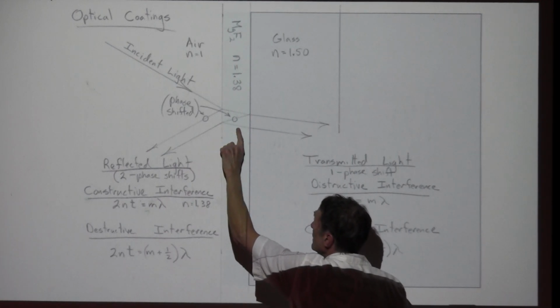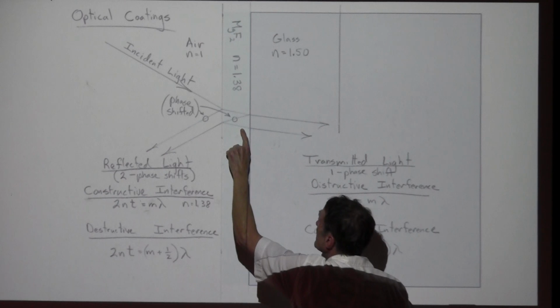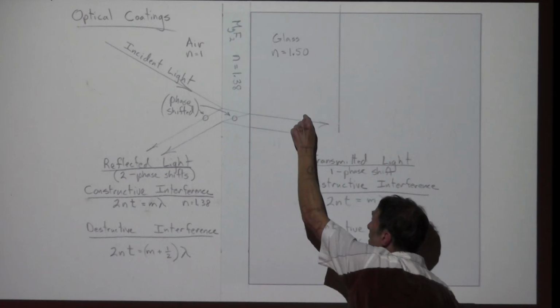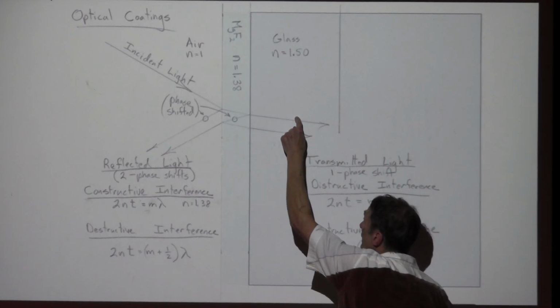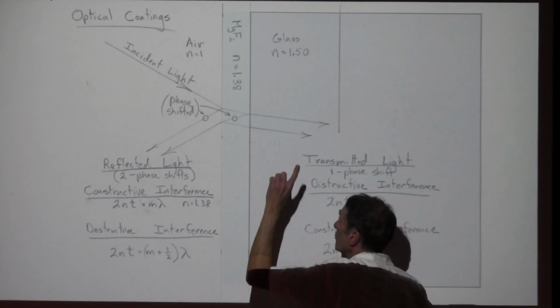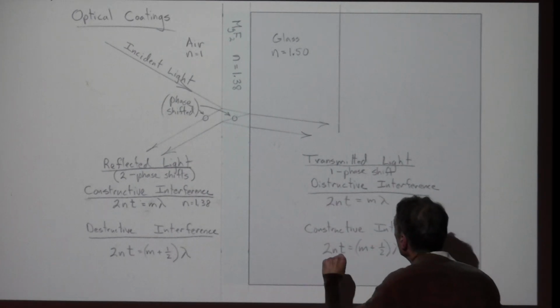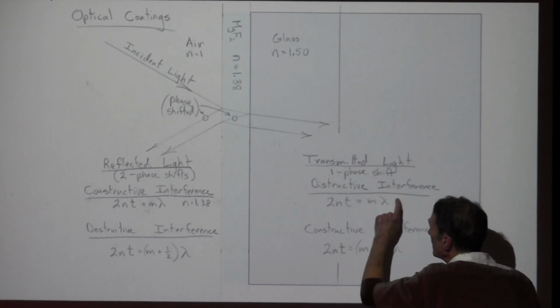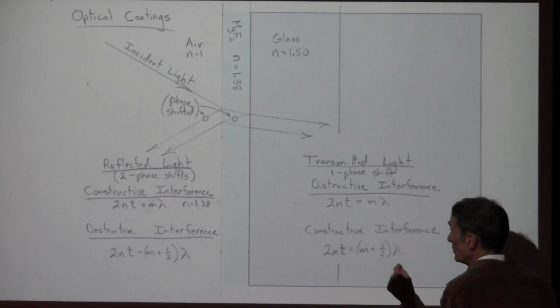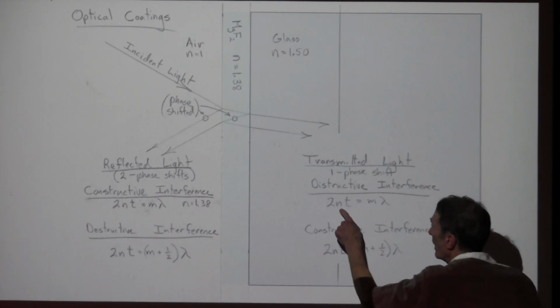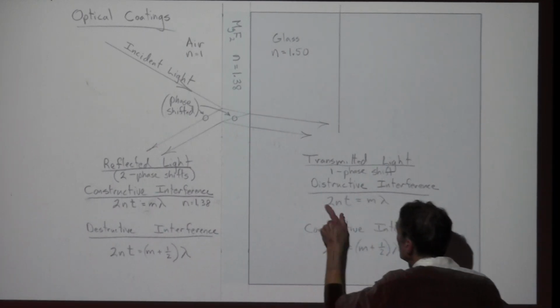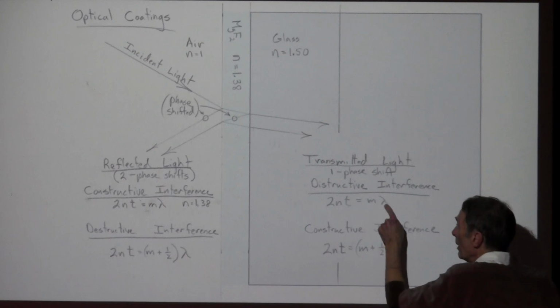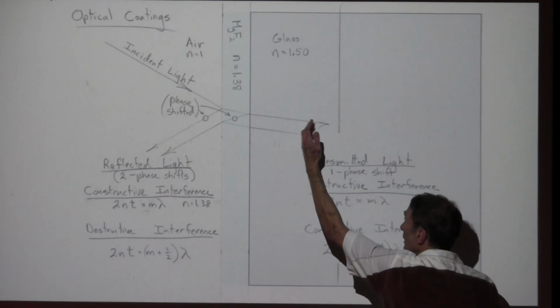No phase shift on this reflection, so there's one on this side. So between these two waves, there's one phase shift. And so for the transmitted light, we have one phase shift. That implies that it's destructive interference. So if in this distance, 2nt, we have a whole number of waves, this would be destructive this way.